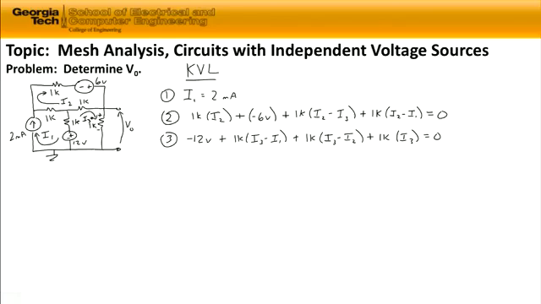So I3 times 1K is equal to the voltage V sub 0. So V sub 0 is 1K times I sub 3. If we solve our 3 equations above for I sub 3, we end up with an I3 equal to 6 milliamps. If that's the case, then we end up with a V out equal to 6 volts.